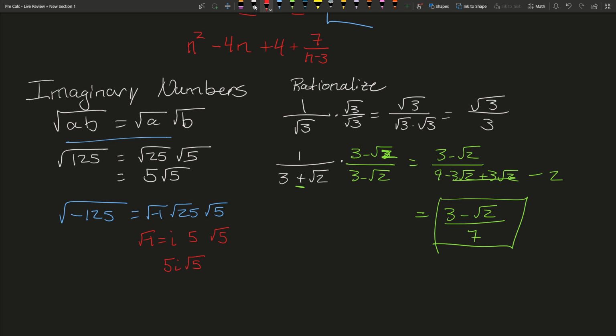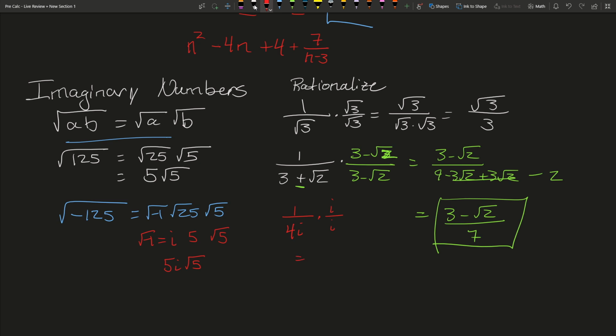And then again, if we had something a little bit more difficult, let's say 1 over 4i. In order to undo that, you can multiply by the denominator over itself. And really, you can multiply by something a little bit more simple. You can multiply by just i over itself.